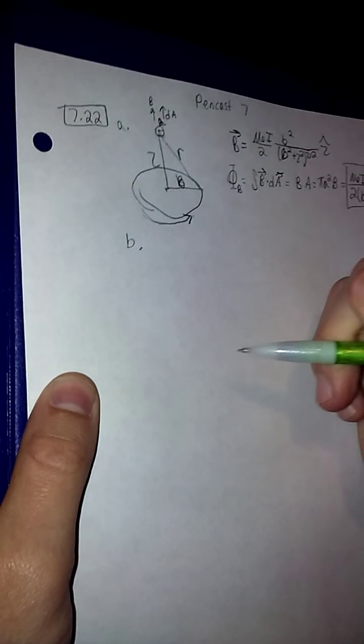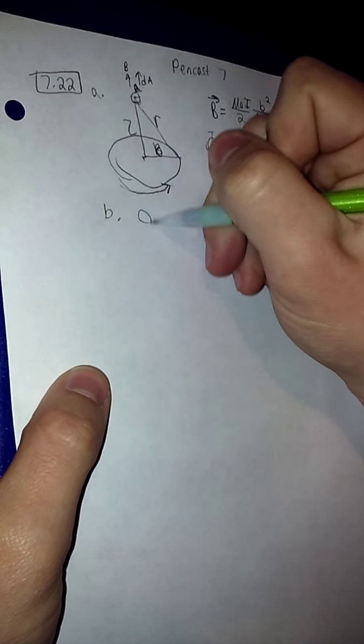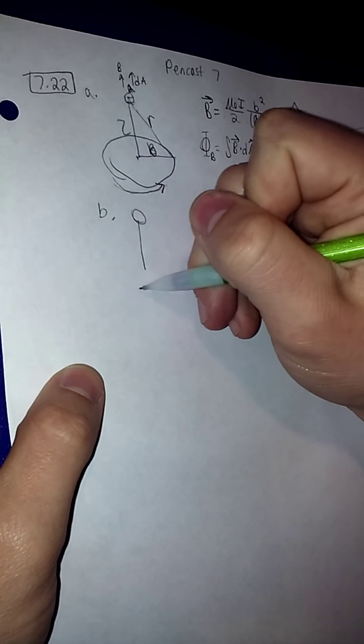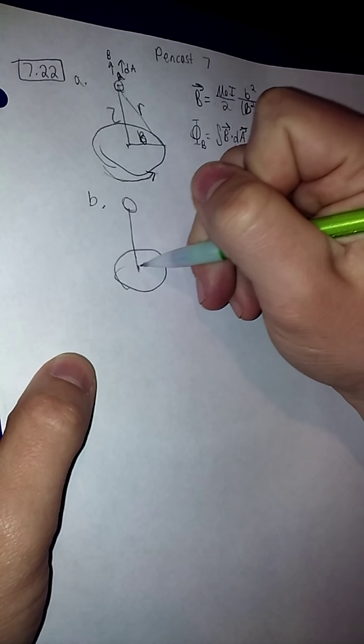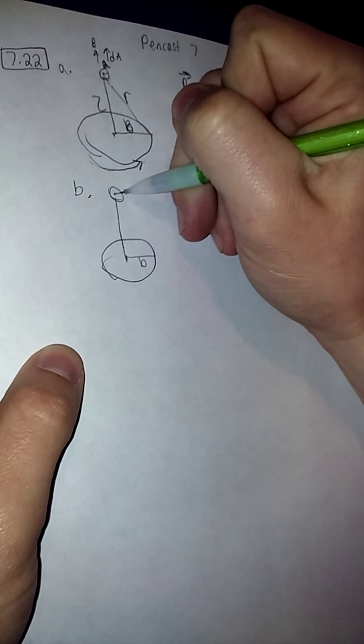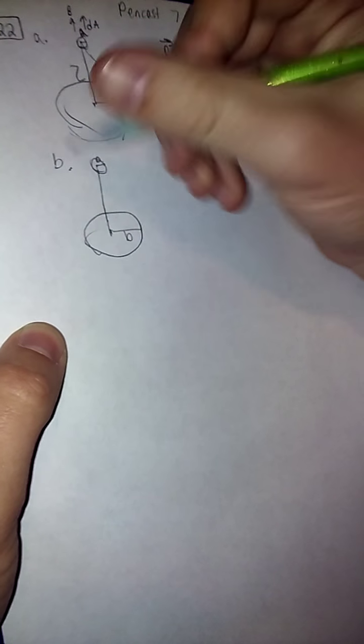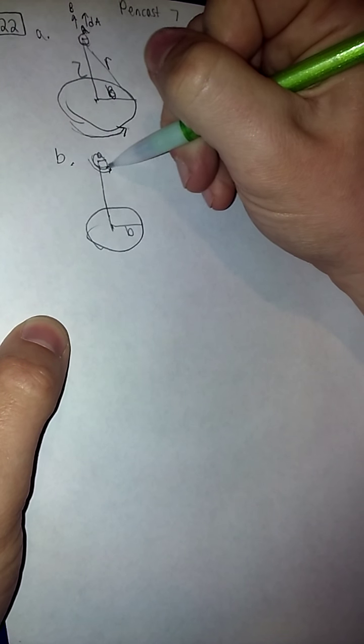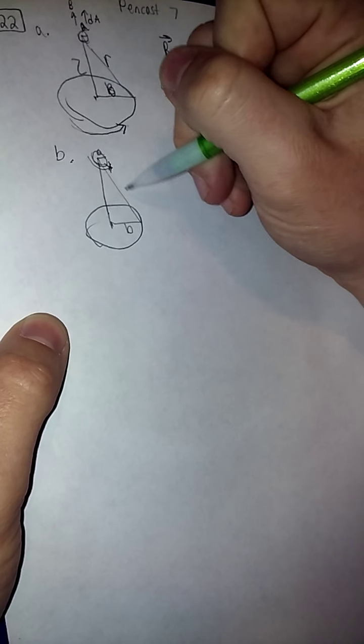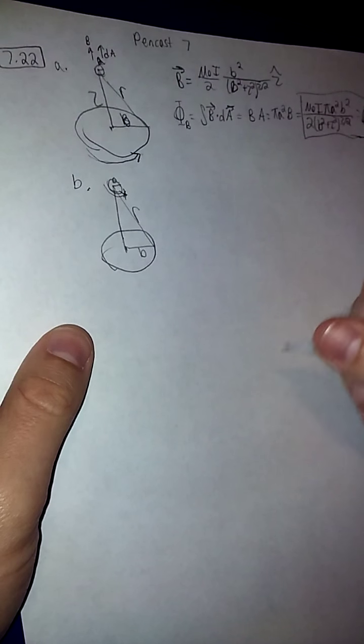Part B. Now we are told to assume that the current is in the little loop, and we're allowed to assume that it's so small that this is a magnetic dipole.